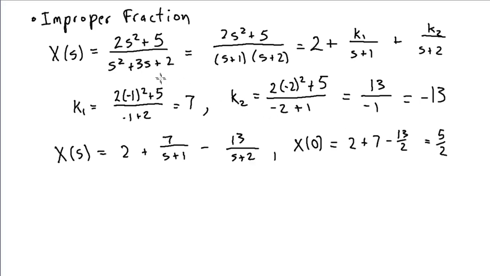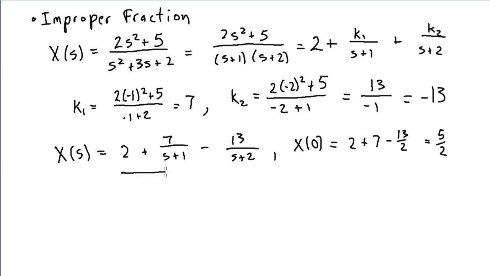Plugging s equal to 0 into the original function, we see it reduces to 5 halves as well. So again, that's one check. I could try it at another value of s, perhaps s equal to 1. Again, I can't choose s equal to minus 1. That's one of the roots of the denominator and would cause the expression to go to infinity.